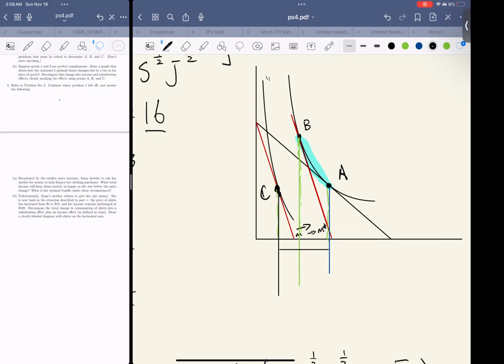This is the total effect. This is the substitution effect. This is the income effect. You get it.